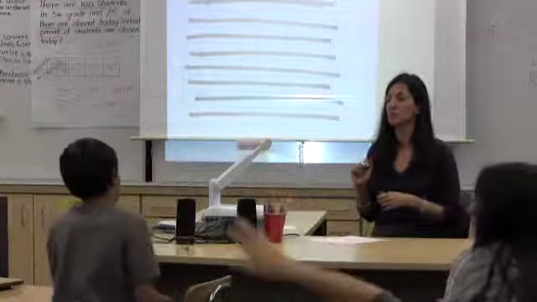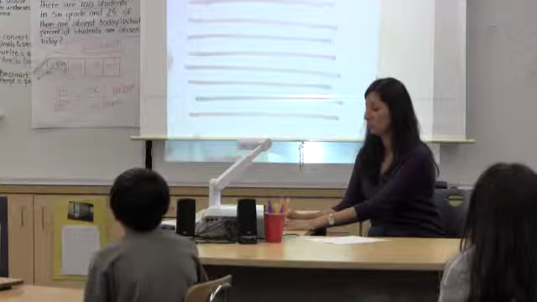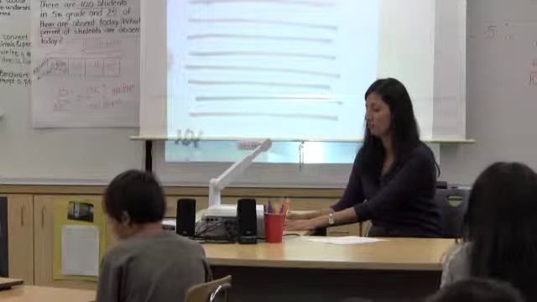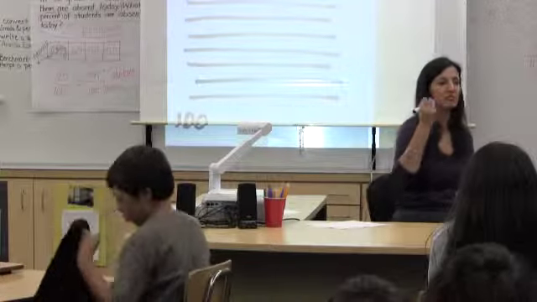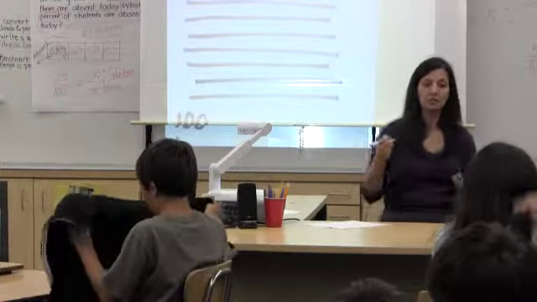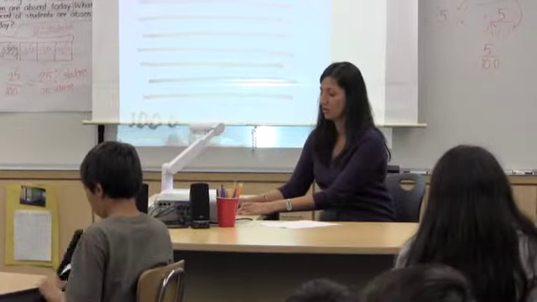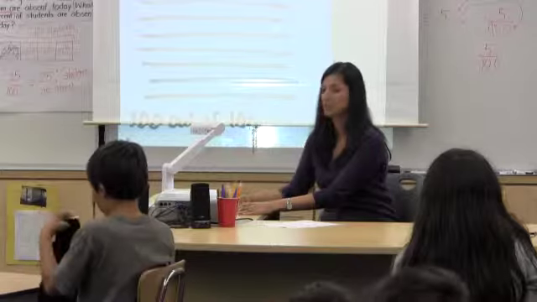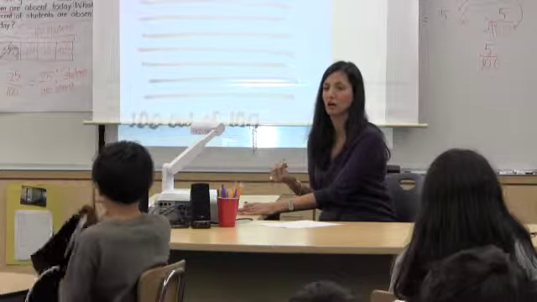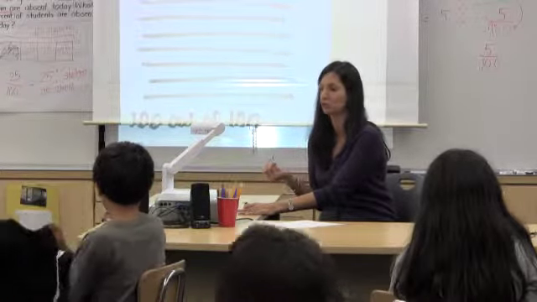Kevin? 100. So I did shade 100 squares out of how many total squares? How many total squares did we have in the first place? Tatiana? 100. 100 out of 100. And that's what happens when you get 100% on your test. That means you got 100 out of 100 questions right.